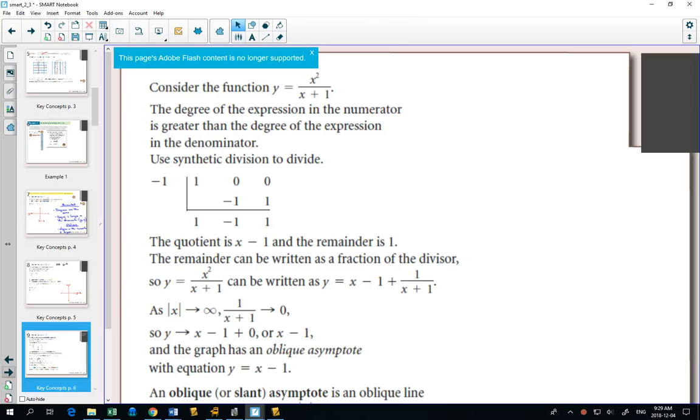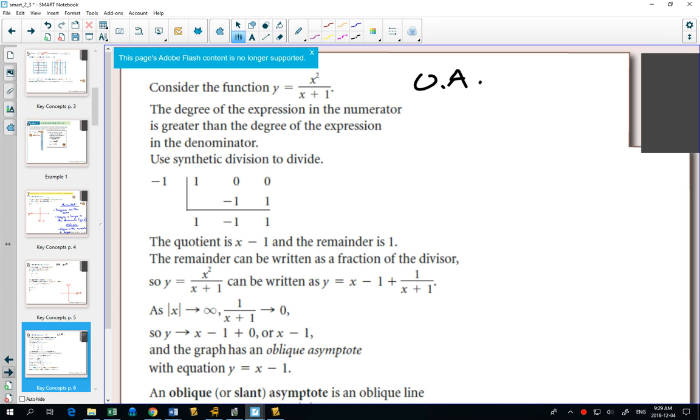And here is the example of oblique asymptotes. So first of all, we can recognize that the degree is larger in our numerator than it is in our denominator. The fact that that happens tells us this one's going to have an oblique asymptote.